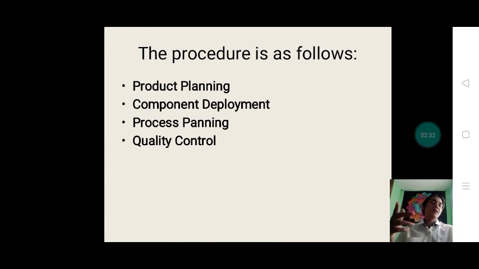Next is the process planning. At this stage, the prioritized elements are used to determine critical process needs and components, and critical process parameters are established. Lastly, we have quality control. It can prioritize process control parameters and methods and establish production methods that support the previously prioritized process elements.